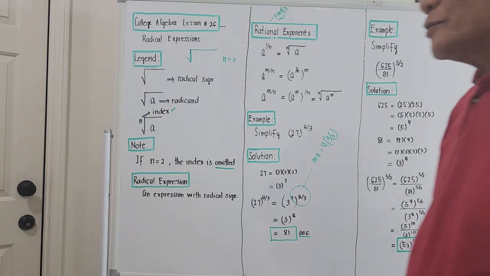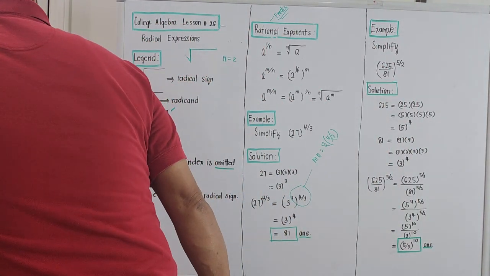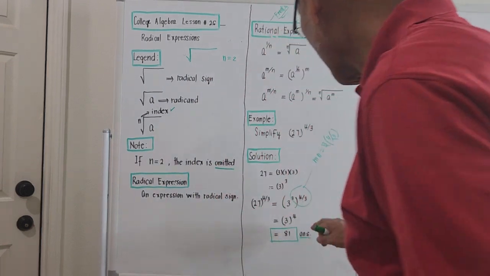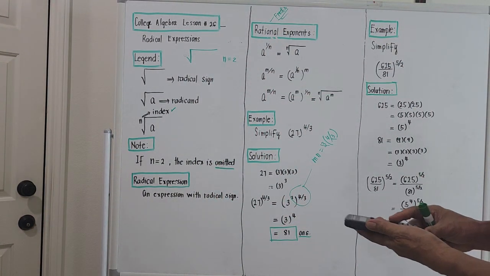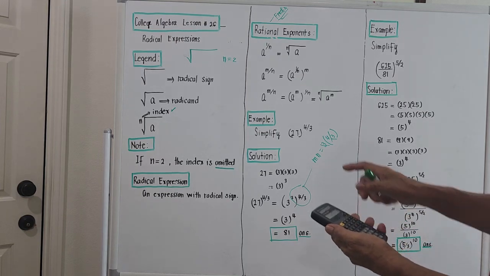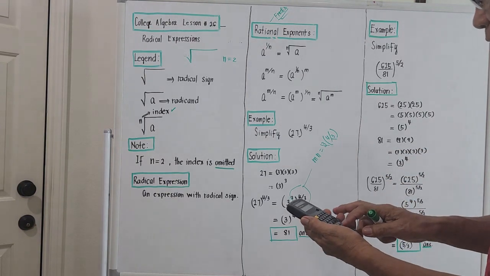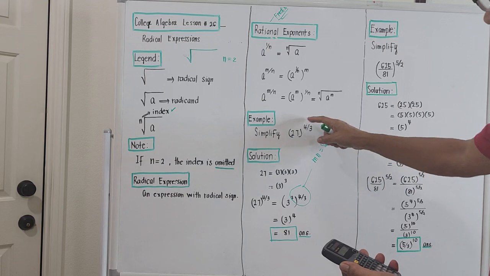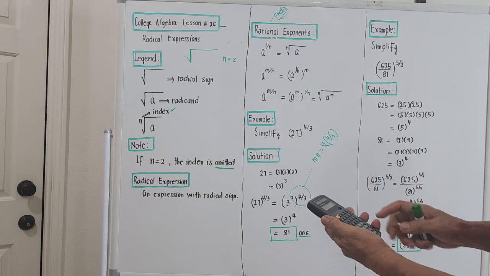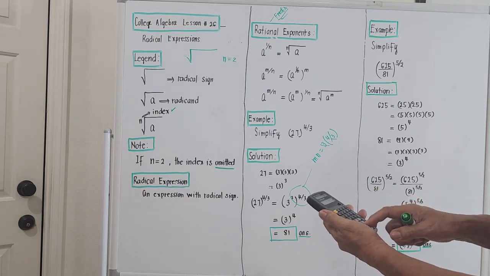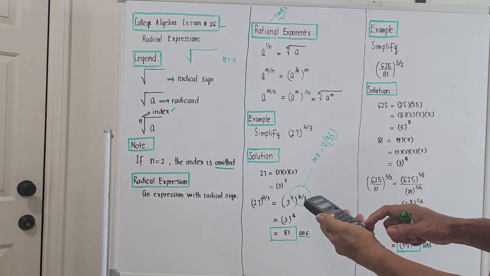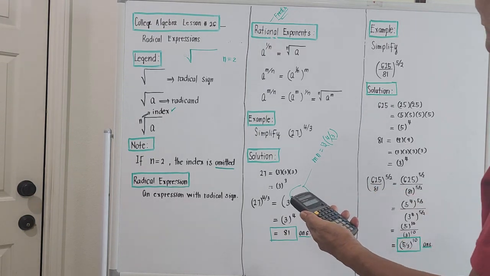If you want to check the validity of the answer, you could use your calculator. Okay? Just display 27, and 4 thirds is 1.333, so this should be y to the x of 1.3333, right? A recurring number, right?